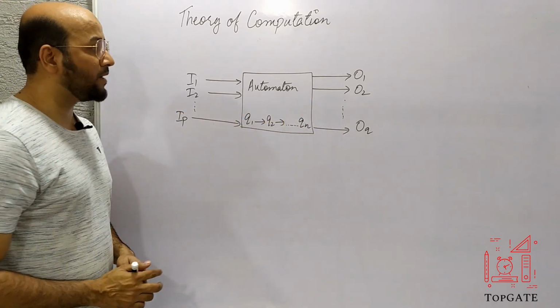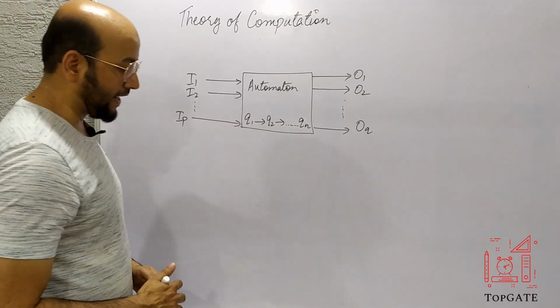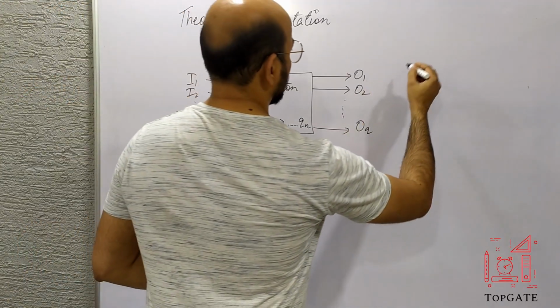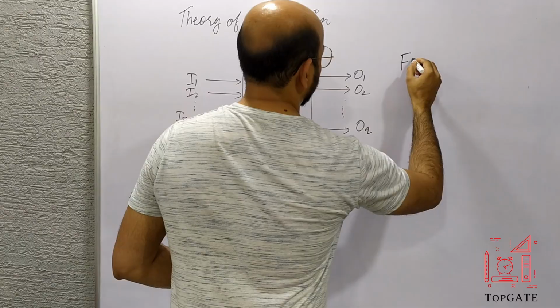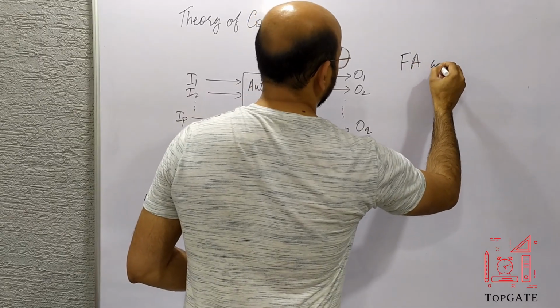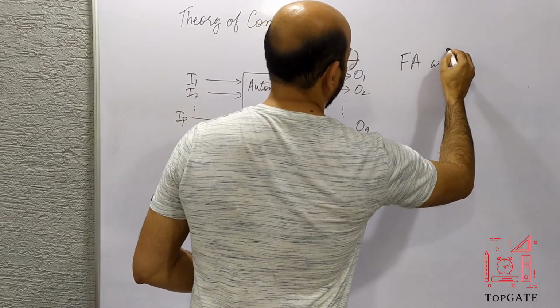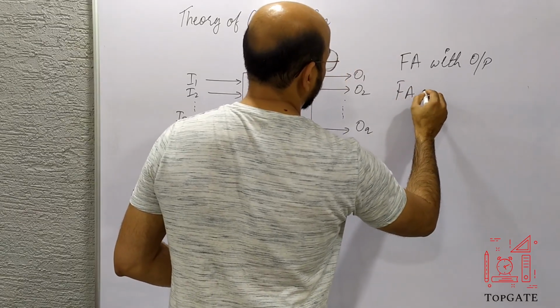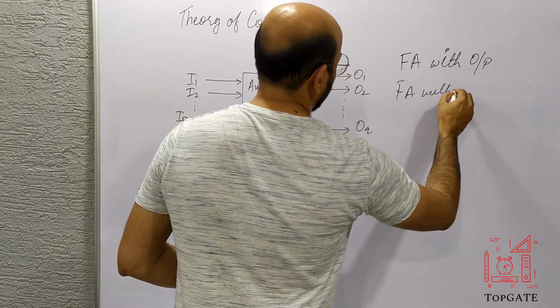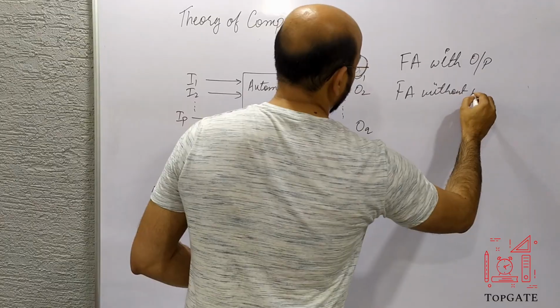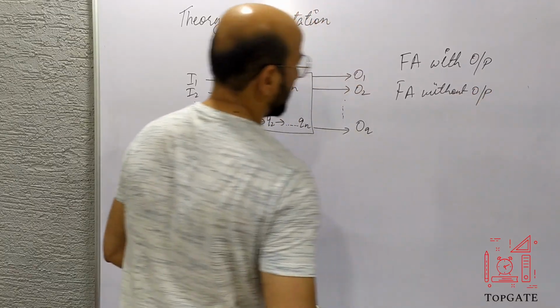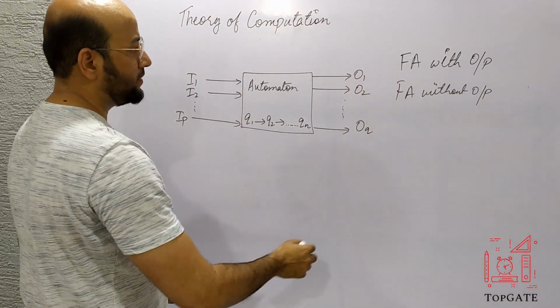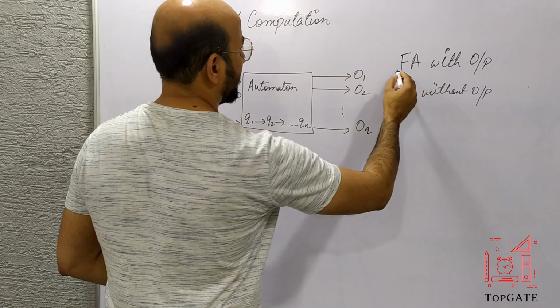Now this automaton can be of different types. One is finite automata with output, and one is finite automata without output. We'll study both of these here. The first one is finite automata with output.